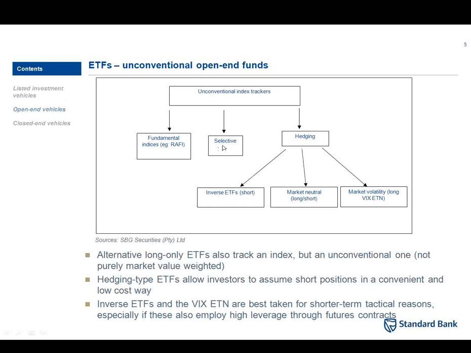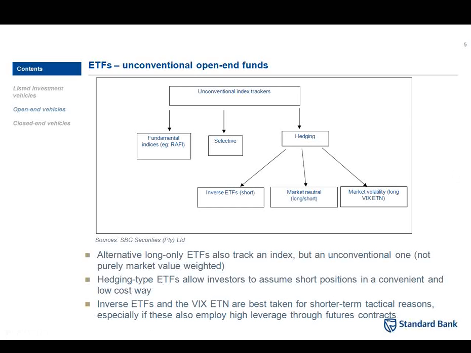And then you've got the more selective ones, so you're not just blindly following according to market value, but there are other selection criteria. And then what I call the hedging ones, where you can take some short positions as well as purely long. For these selective ones, they do still track an index, but it's often an unconventional one, and not purely market value weighted.